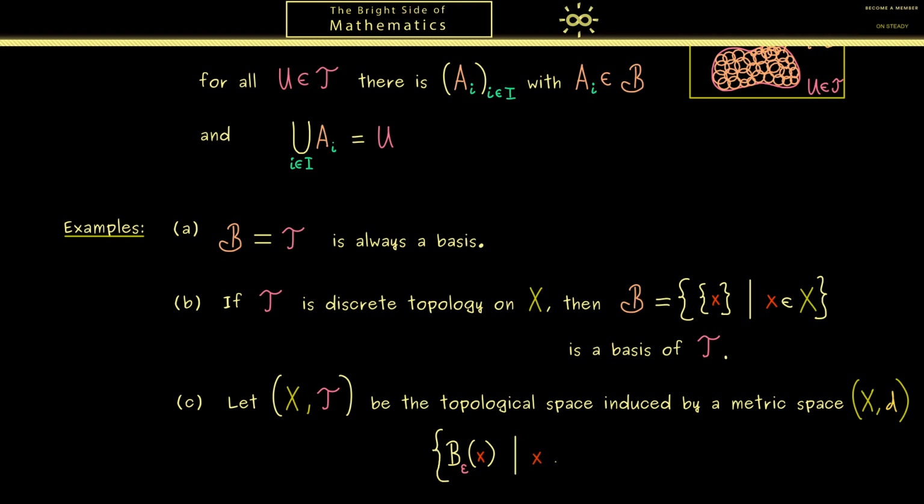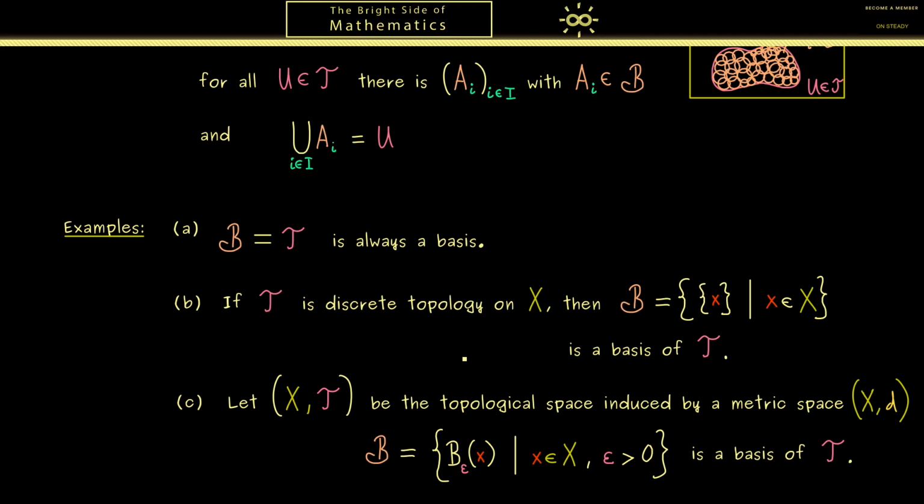Now, you might already know, the idea is to look at the collection of all epsilon balls. So any middle point x is possible and every radius epsilon. And now we simply call this collection of all epsilon balls B. And not so surprising, this B is a basis of the topology T. Indeed, this fact follows immediately from the definition of an open set in a metric space.